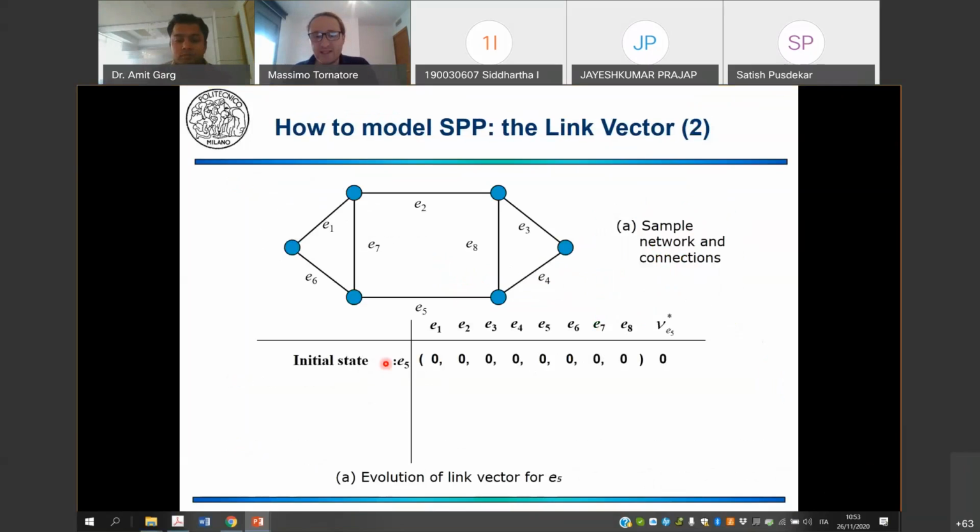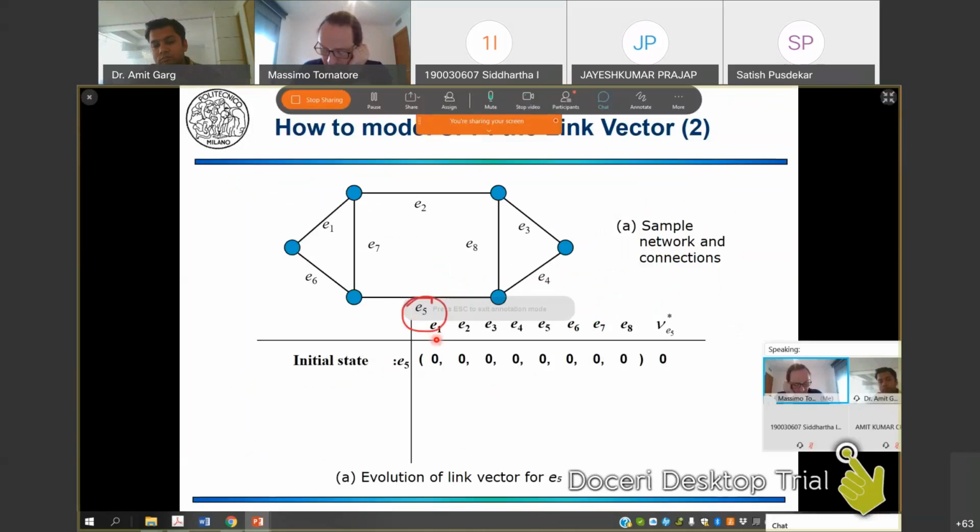Now let's see an example of practically using the link vector to decide the capacity for shared protection. And let's consider the link vector of link E5, okay? How the link vector of link E5 evolves in time. Let me tell you again, the link vector of link E5 is the data structure that allows you to know how much capacity for shared protection you need on link E5, okay?